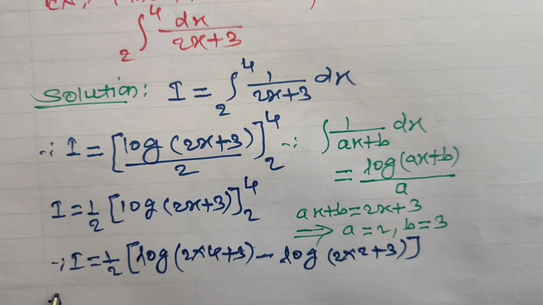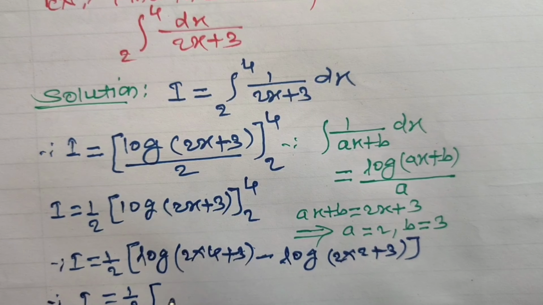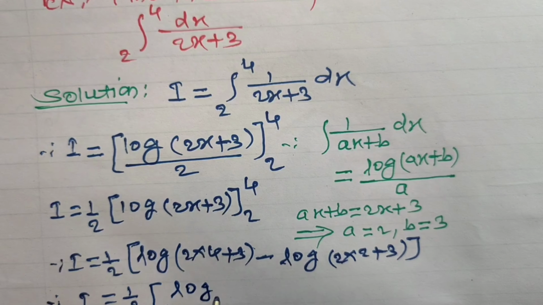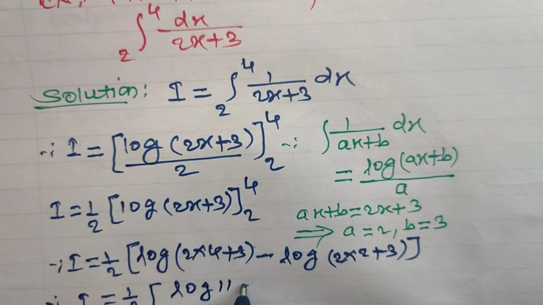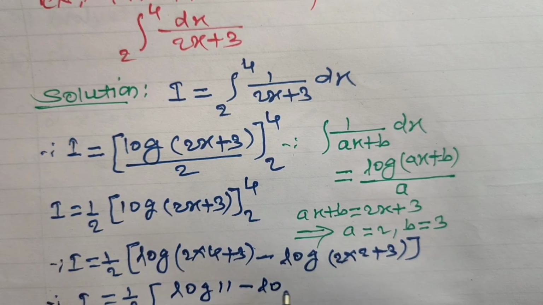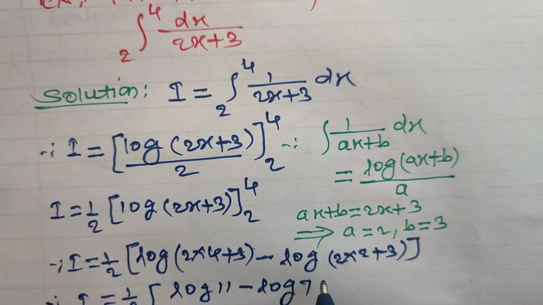Hence, I is equal to 1 upon 2 logarithm of 2 into 4 is 8, 8 plus 3 is 11, minus logarithm of 2 into 2 is 4, 4 plus 3 is 7.